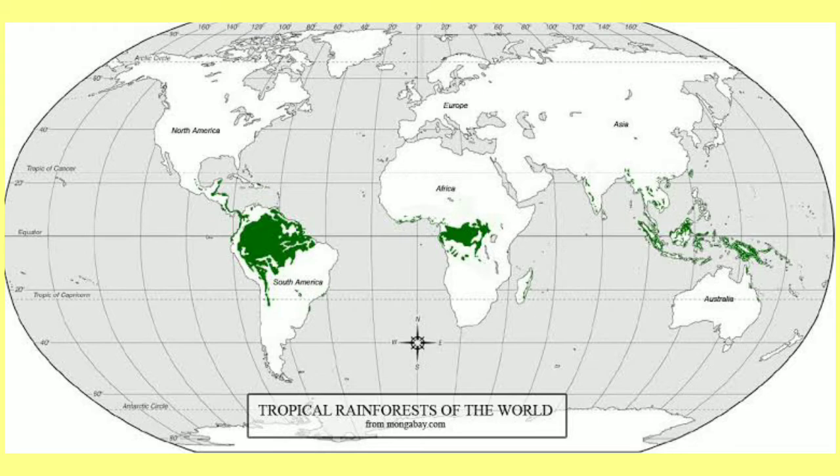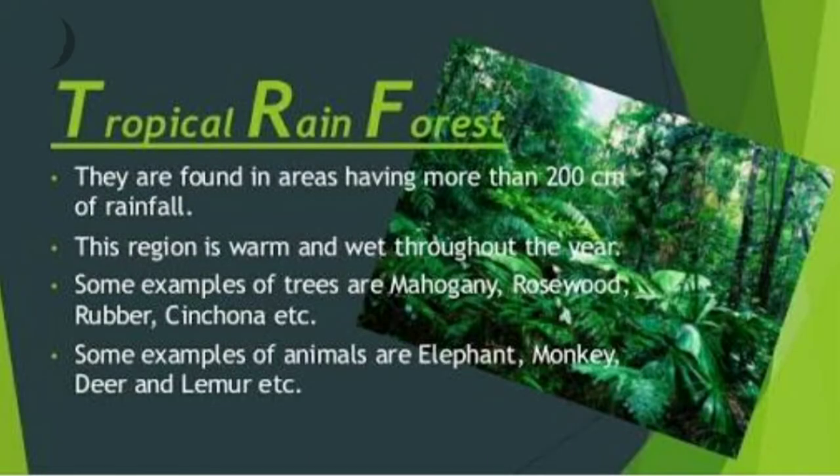So mainly in these areas. These regions are hot and receive very heavy rainfall throughout the year. As there is no particular dry season, the trees do not shed their leaves altogether. This is the reason they are called evergreen.